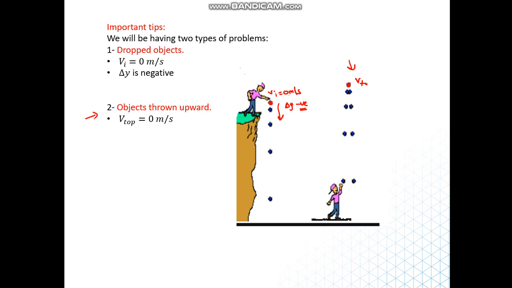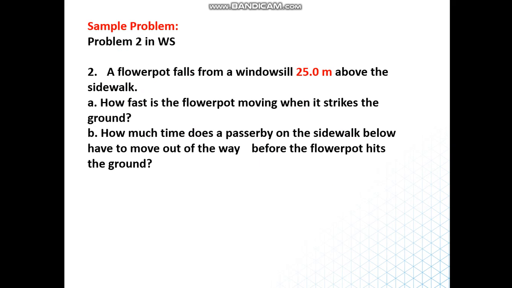If the object is thrown upwards, like here in this part of the photo, then keep in mind that v at the top will be equal to 0 meters per second. And in all cases, you should know that the acceleration is just g, which is negative 9.81 meters per second squared. This will not be given in the problem. You should add it to the givens once you read the problem.